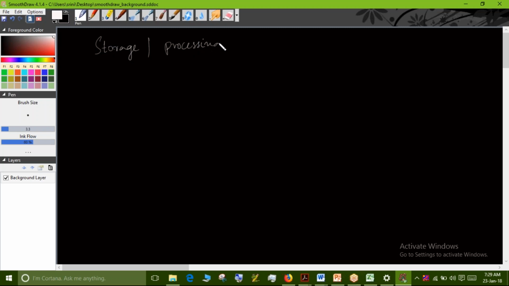But interestingly, when it comes to Hadoop, you have both storage and processing together, right? On the same node, on the same machine, you have storage and you also have computing power. You have both storage and computing power on the same machine.